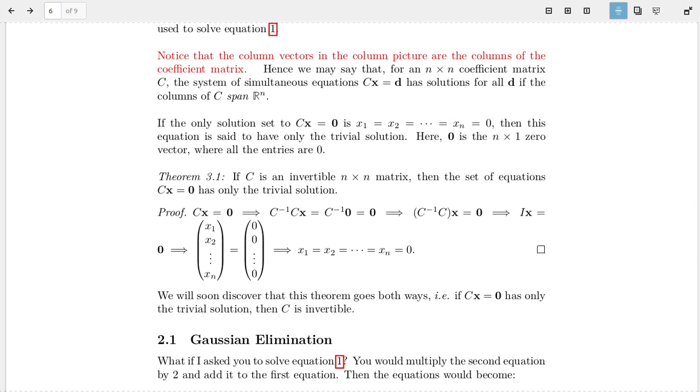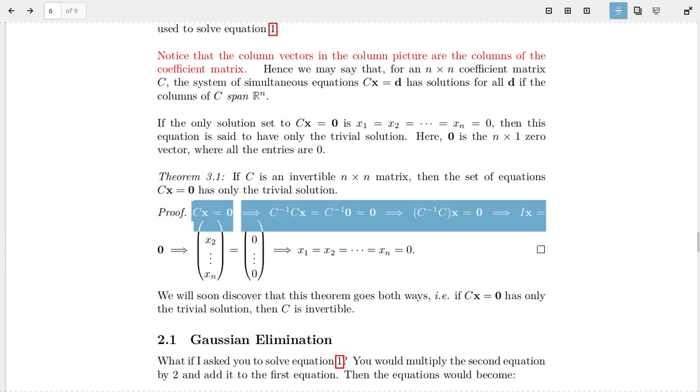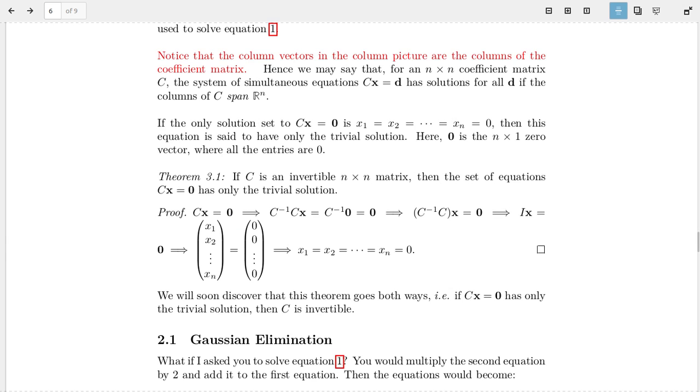Now, let's prove this. If Cx equals 0, then of course I can multiply both sides by C inverse because C is invertible, meaning C is non-singular. If C were singular, there would have been no way for me to form this inverse. So I can associate C inverse and C together with the associativity property.